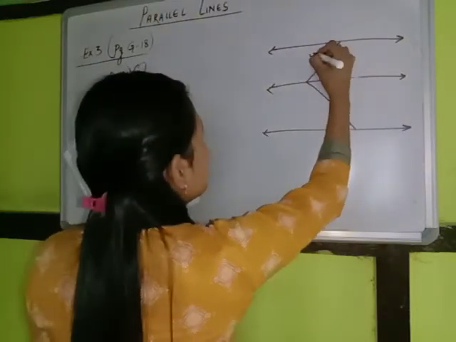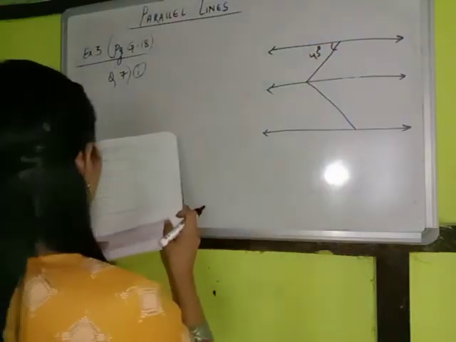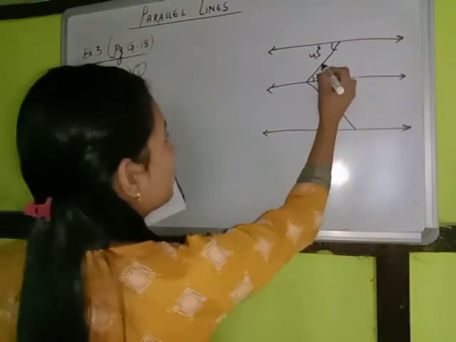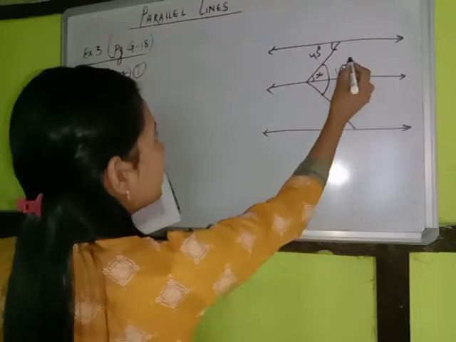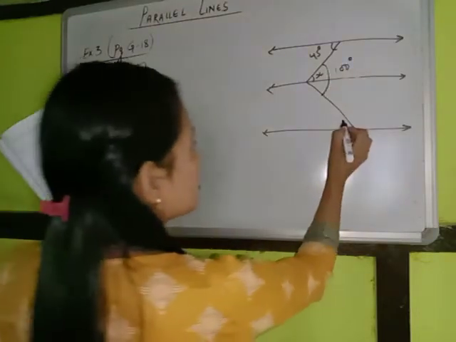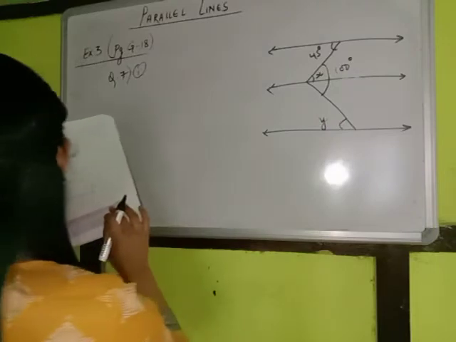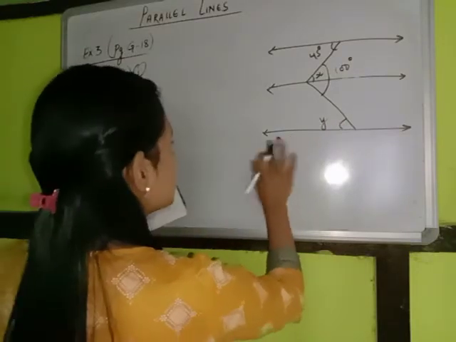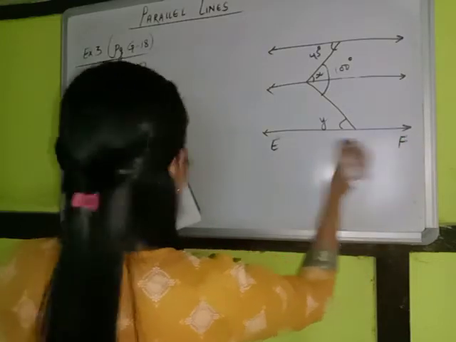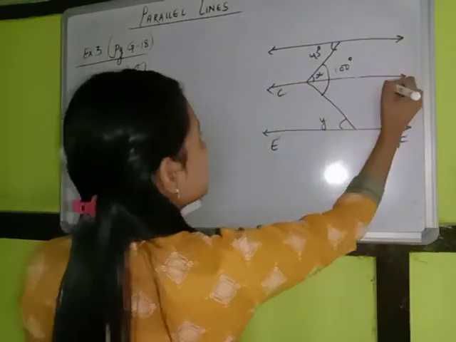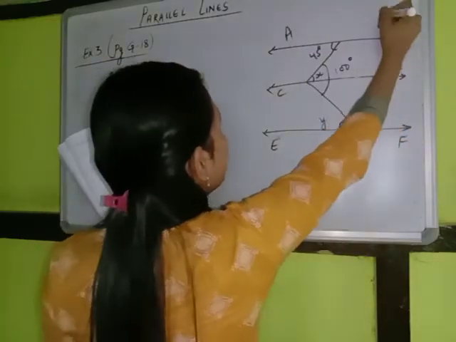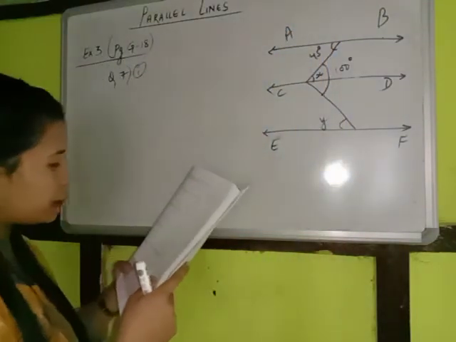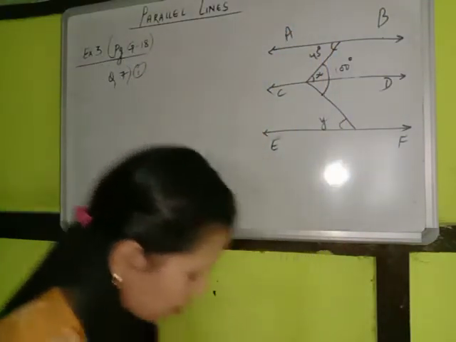So this is 45 degree, this is x, this complete value is 100 degree. Okay, and this is y, and let me name this. So this is EF, CD, and this is AB. Okay, so now I need to find the value of x and y.